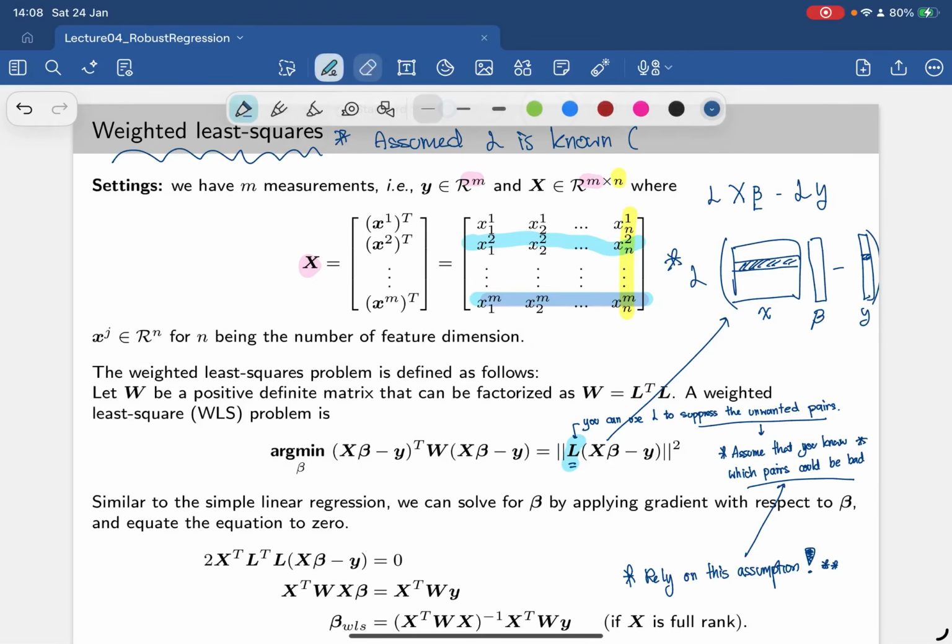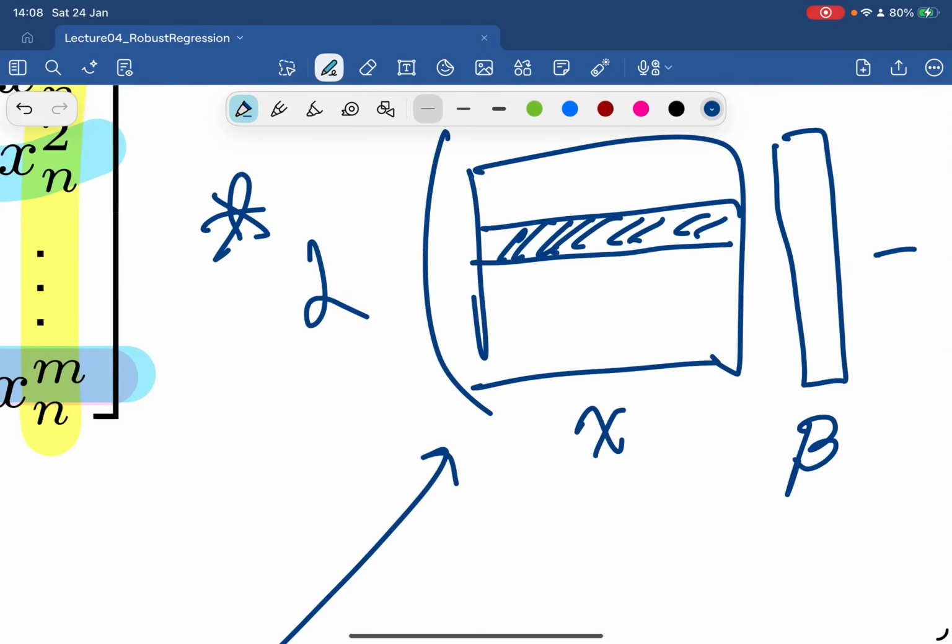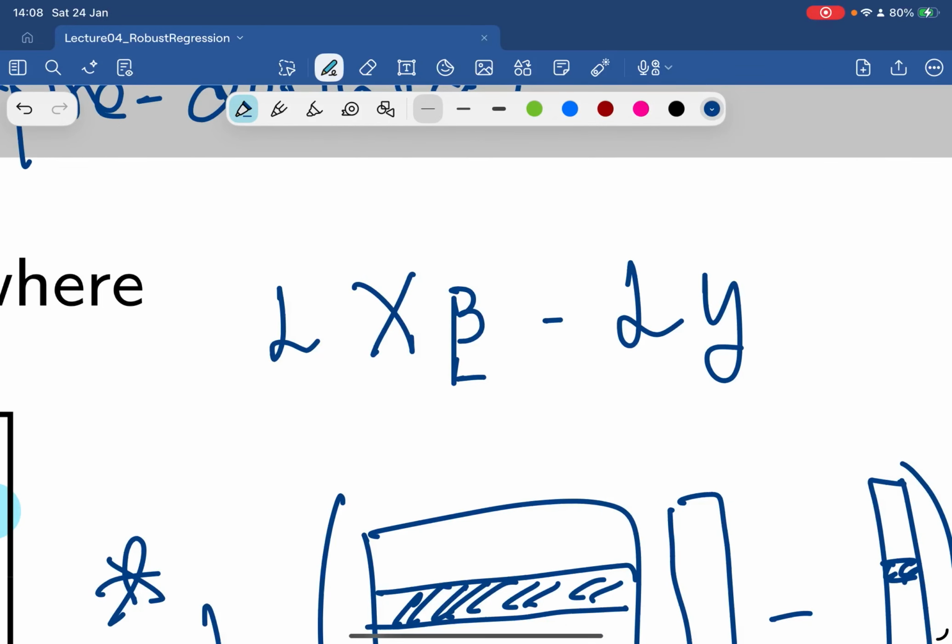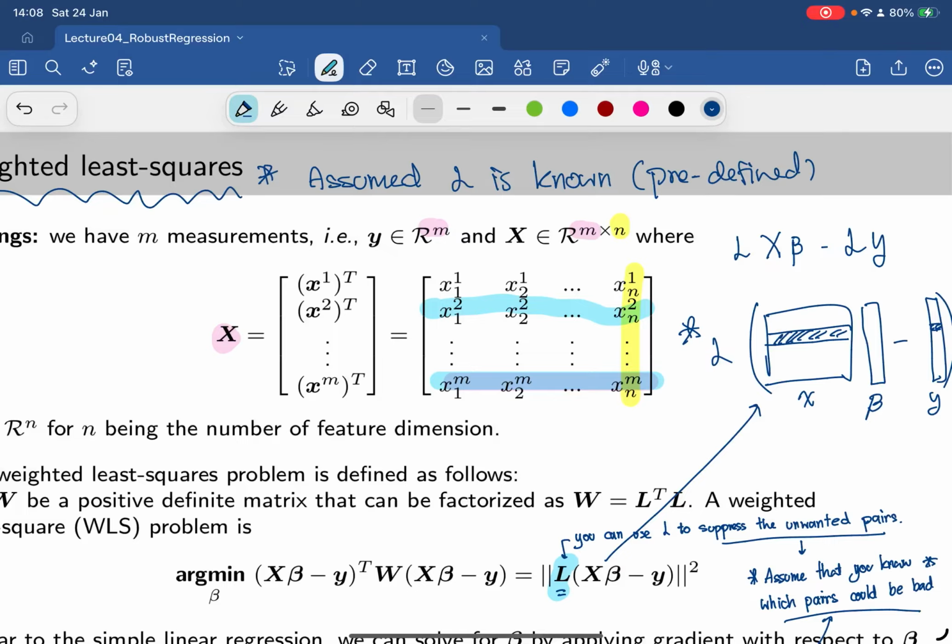Predefined. And if you decompose L into each term, it will turn out just like that formulation above.